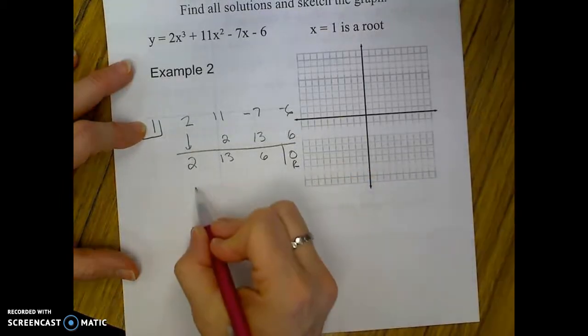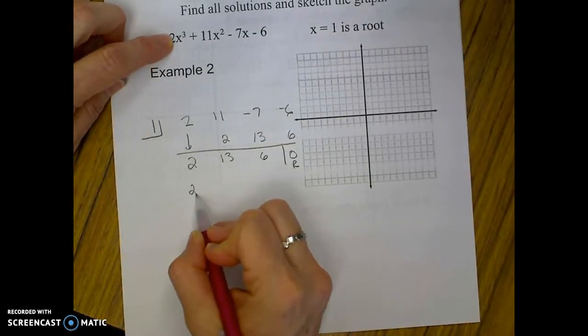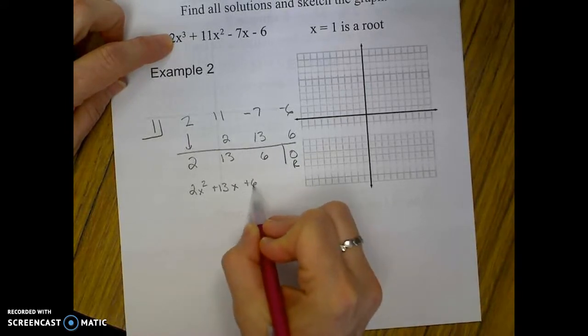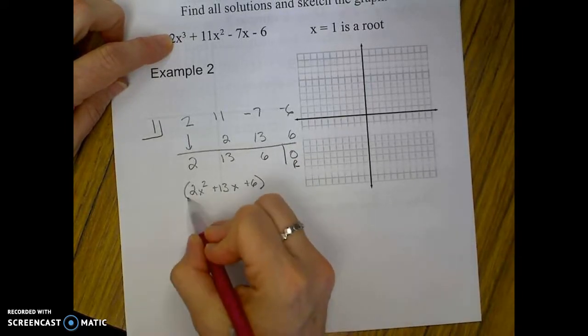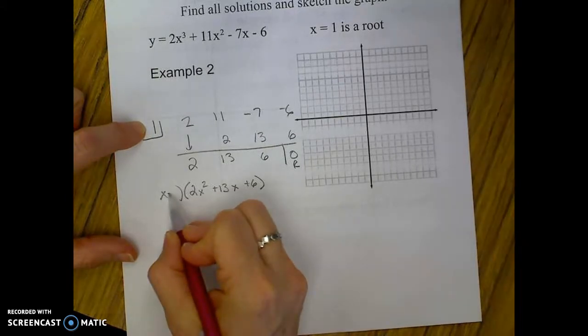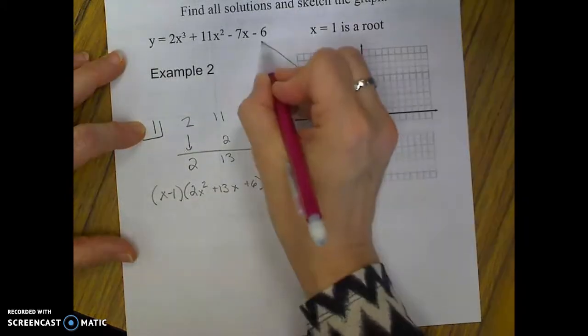What that tells me, though, is, remember, you reduce the power by 1, so this is 2x squared plus 13x plus 6. This trinomial multiplies by the factor that gives you x equals 1, so that would be x minus 1, in order to equal my dividend.